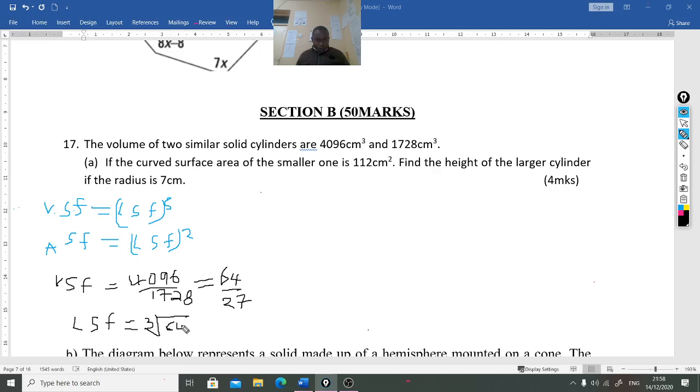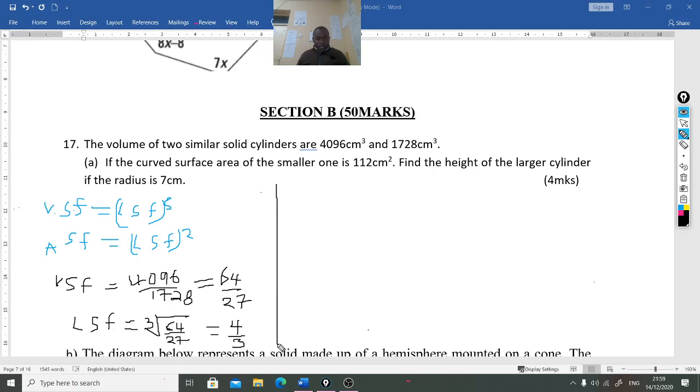You'll find it to be 4 over 3, as the cube root of 64 is 4, and the cube root of 27 is 3. So that becomes the linear scale factor.